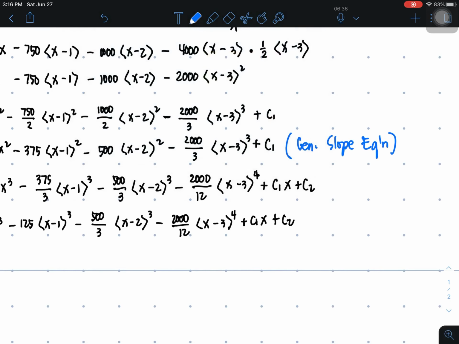So this is your general deflection equation.